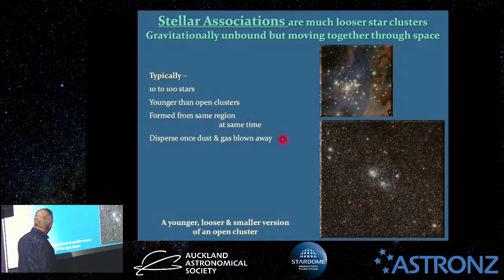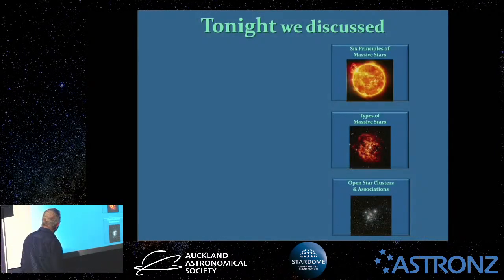Usually by the time they've blown away all the dust and gas scraps around them, they've started to wander on their way. So in a nutshell, they're a younger, looser and smaller version of an open cluster. That's all they are. Often you'll see books and papers saying, oh, we're looking at such and such OB association.